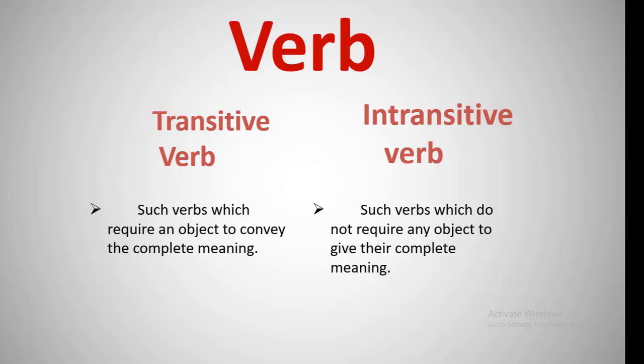Transitives are those which require an object to give their complete meaning, while intransitive are those which do not require any object to give their complete meaning. Say one last time. Such verbs which require an object to convey the complete meaning are called transitive verbs, while such verbs which do not require any object to give their complete meaning are called intransitive verbs.